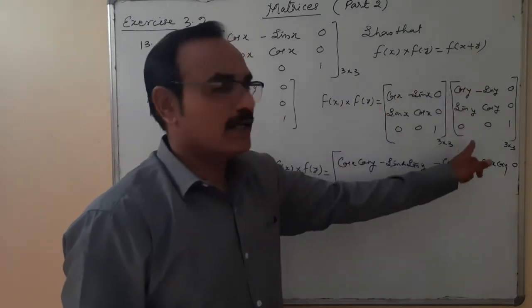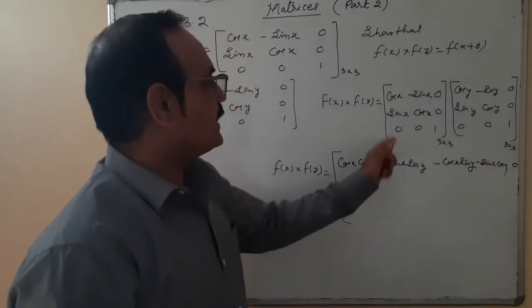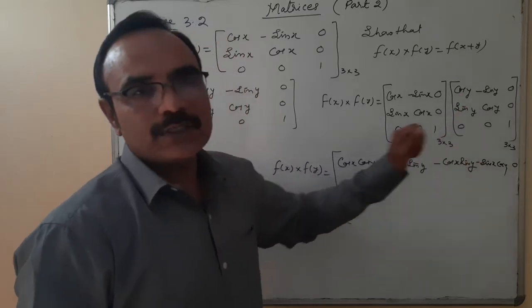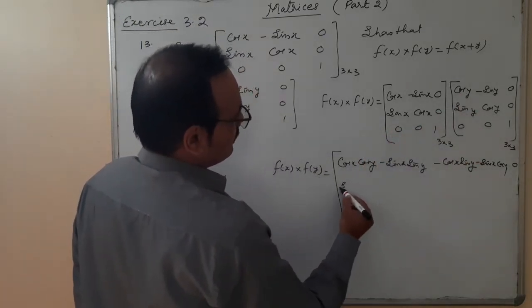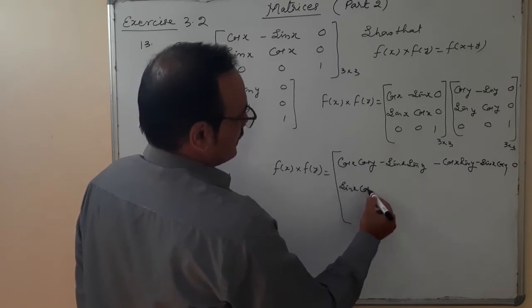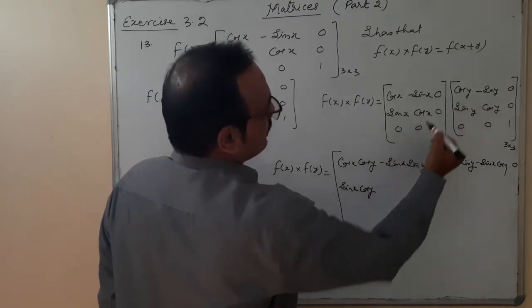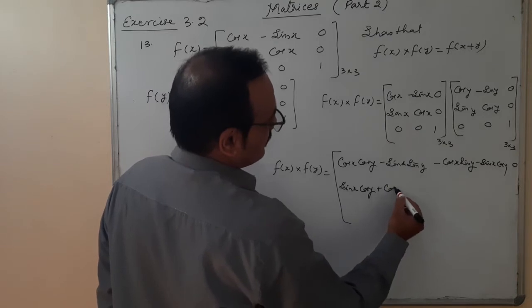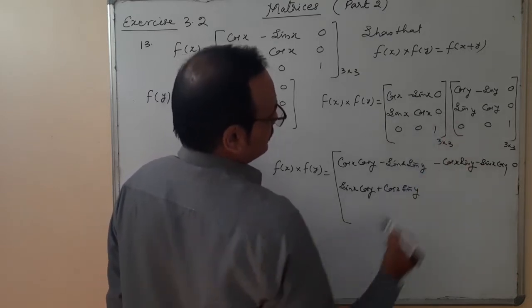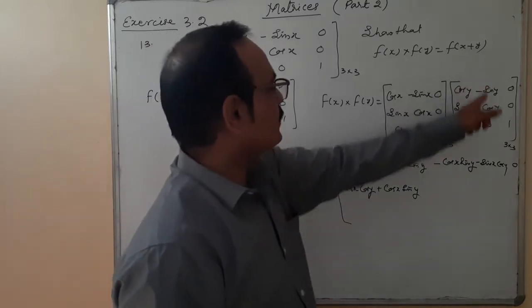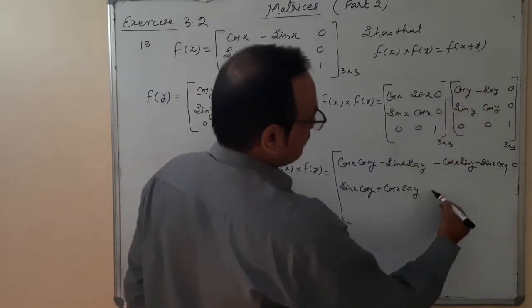After that, second row multiplied by first column: sin x cos y plus cos x sin y, and 0.